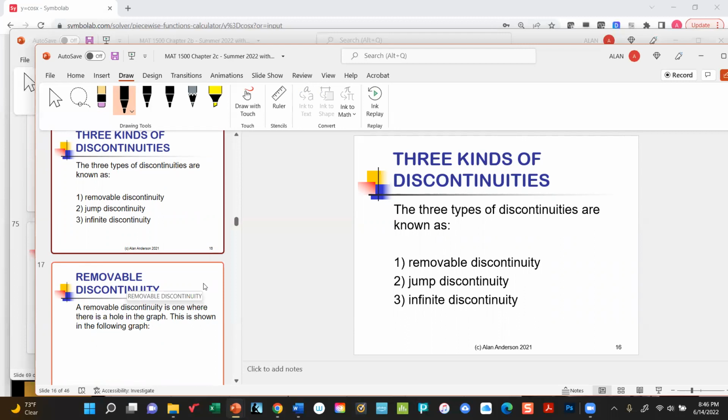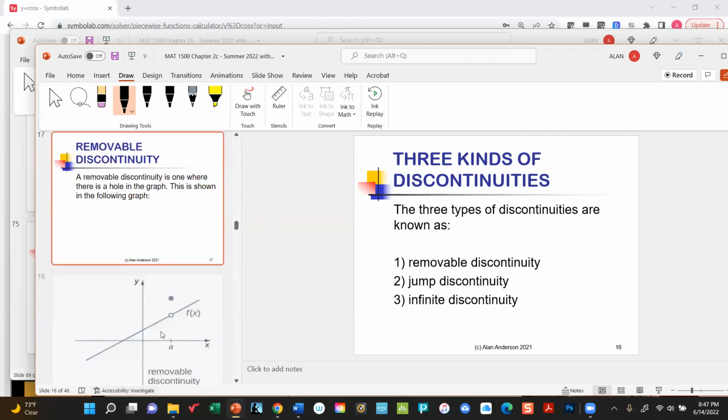The first one, the removable, jump and infinite discontinuities. What do they mean? Well, removable basically means that if you could define one more point, you'd be continuous.